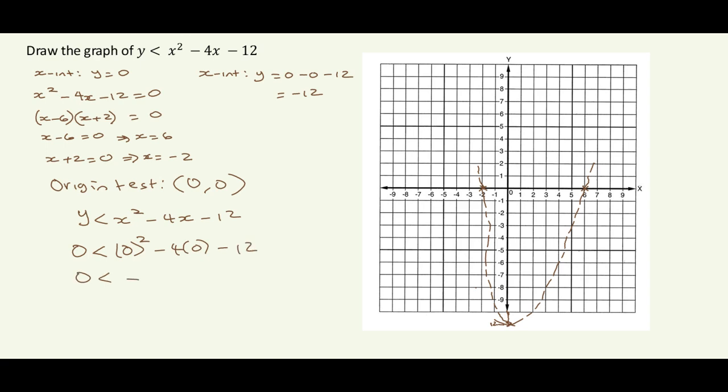So 0 less than negative 12. This is false. So any part of the graph where the origin sits will not be a region that satisfies the inequality. So this right here shows the region that satisfies the inequality. So that's what we do to graph inequalities.